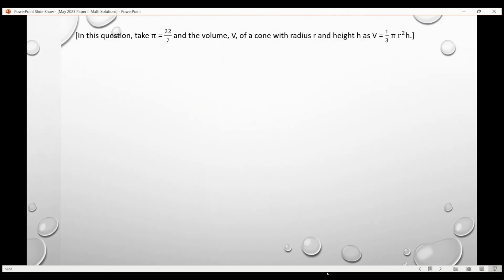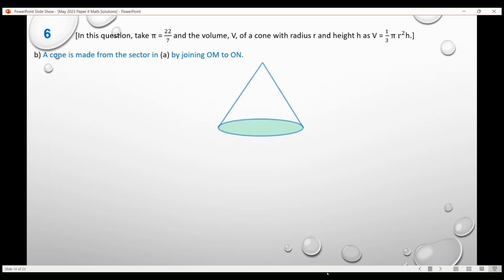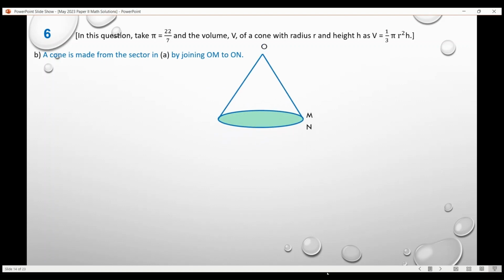Let's go on to the next part of the question, where it says a cone is made from the sector in part E by joining OM to ON. So let's bring up that little diagram, and you can see OM was on the left, ON was on the right, and what happened? They folded the sheet, so OM is now on top of ON.